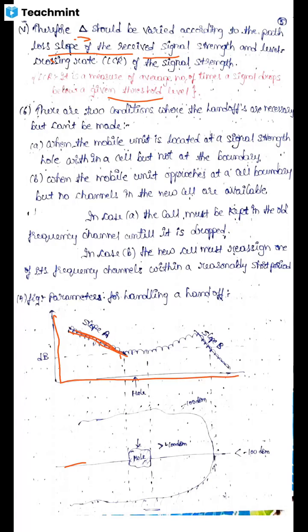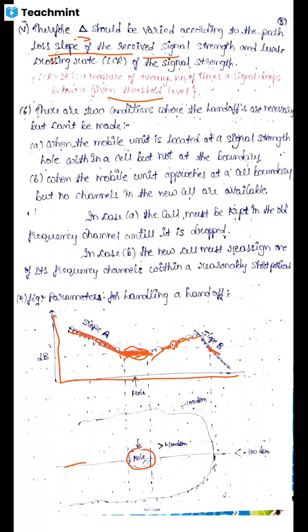But see here, the path loss slope is horizontal at a minimum value. The path loss slope has decreased. It means at this path loss slope, where the signal strength is weak, there are holes. Holes mean weak signal spots. In this weak signal spot or hole area, we should apply handoff. And in the other condition, here again the signal strength is low, so no need to apply handoff.